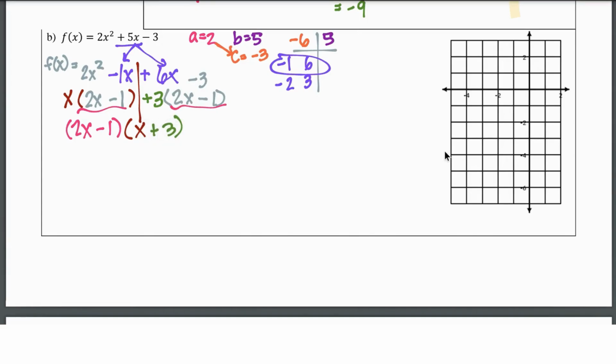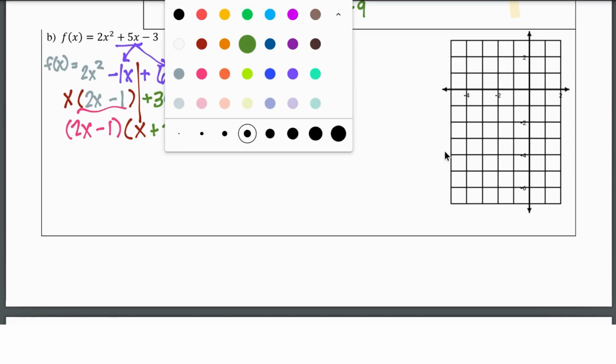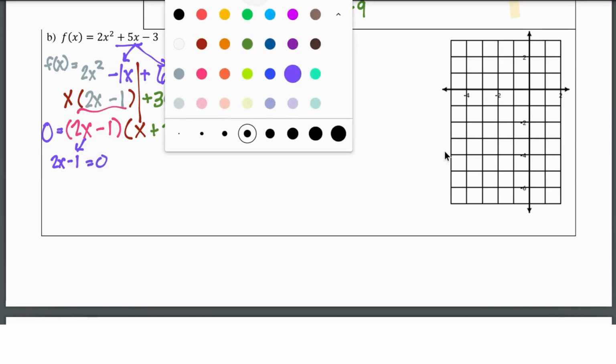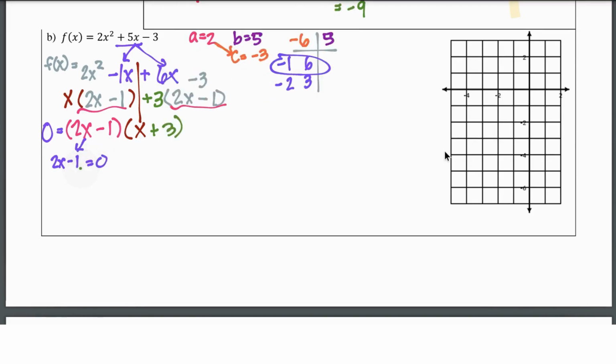So if I'm looking at this, in order to find my solutions, I'm setting that equal to 0. So in my first factor, 2x minus 1 equals 0 means that I'm going to end up with a fraction for my answer.